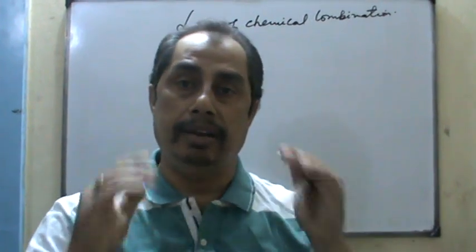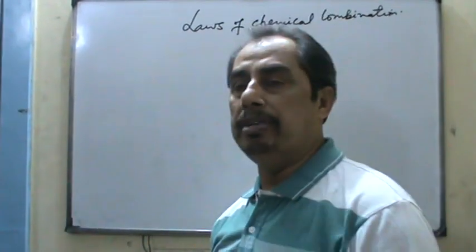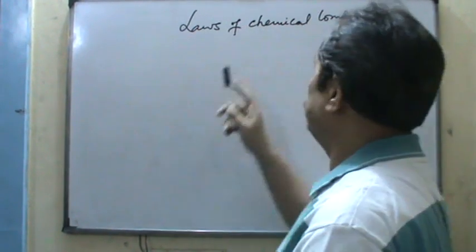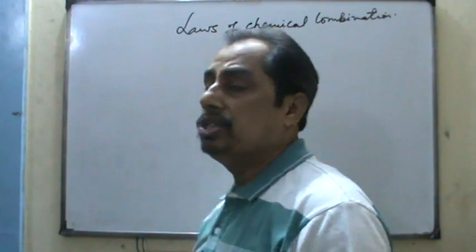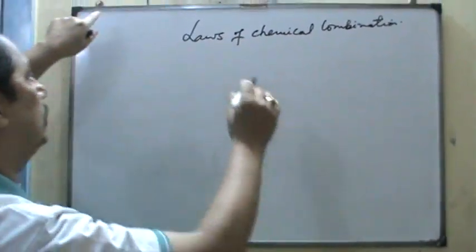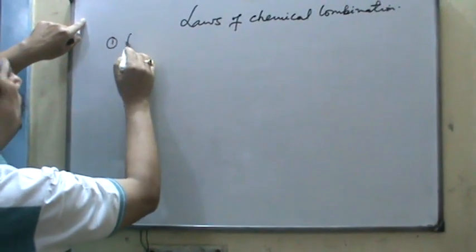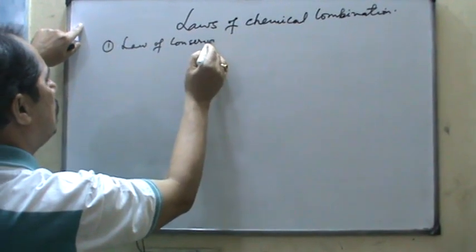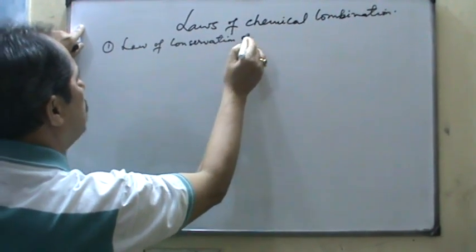chemical combination. My dear students, tell me how many laws are given for chemical combination. So there are 4 laws. First is, write down everyone. First is law of conservation of mass.